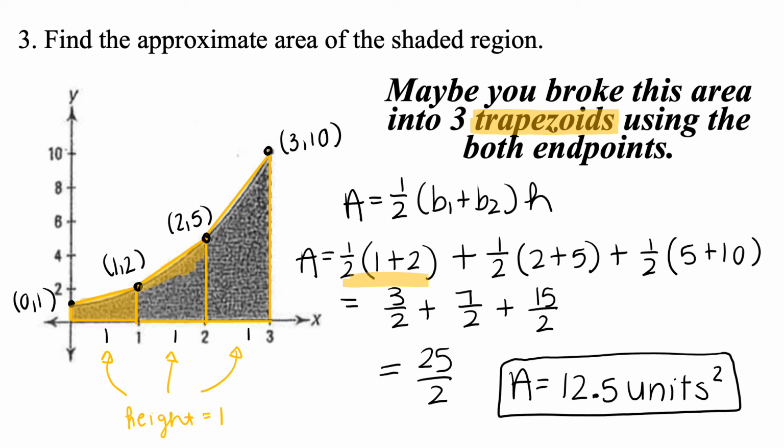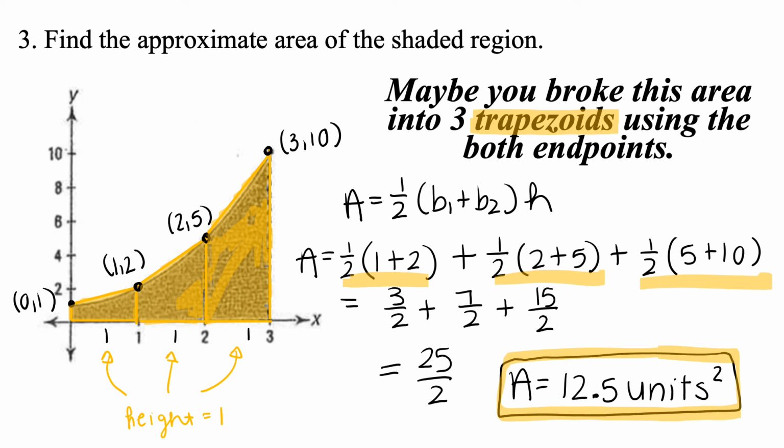Our second trapezoid in the middle here, 1/2, base 1 is 2, and base 2 is 5, times our height is 1, and then our third trapezoid, 1/2, base 1 is 5, base 2 is 10, times our height is 1. When you add it all together, we get 25 over 2, or 12.5 units squared.